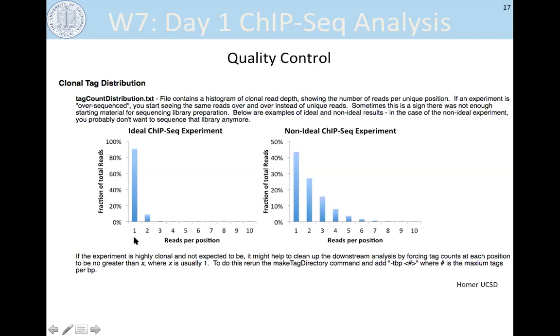So around 90% of the reads should be aligning to one position. Non-ideal, you'll have less than 50% of the reads per position. So this is a way to visualize that using these clonal tag distribution plots.